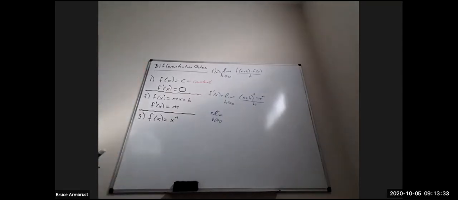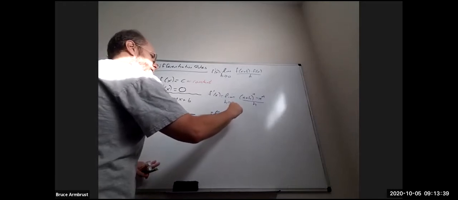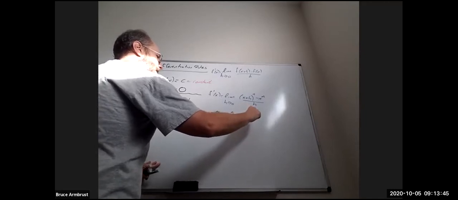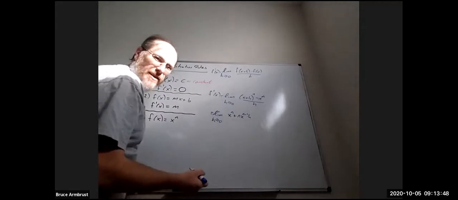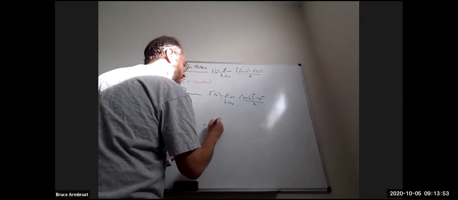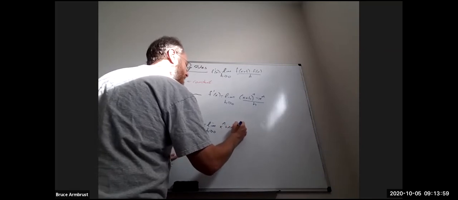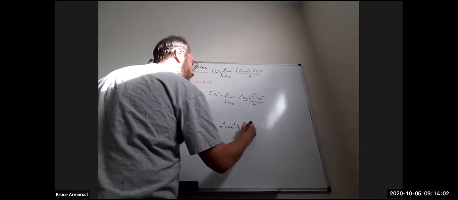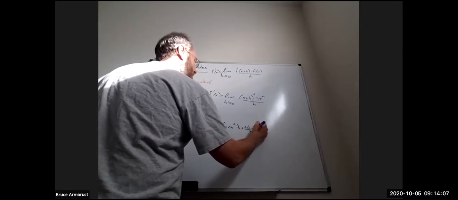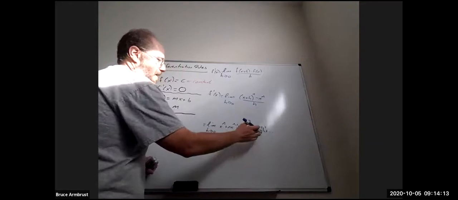All right, now I'm going to use the binomial expansion theorem on this. So you're going to get x to the n plus n x to the n minus 1 times h, plus n times (n minus 1) over 2 times x to the n minus 2 times h squared, plus, that's just what the next one happens to be.